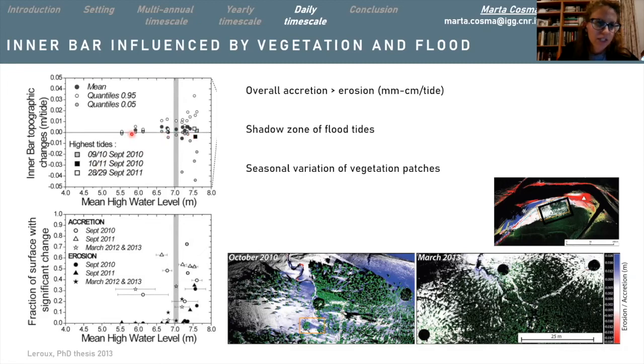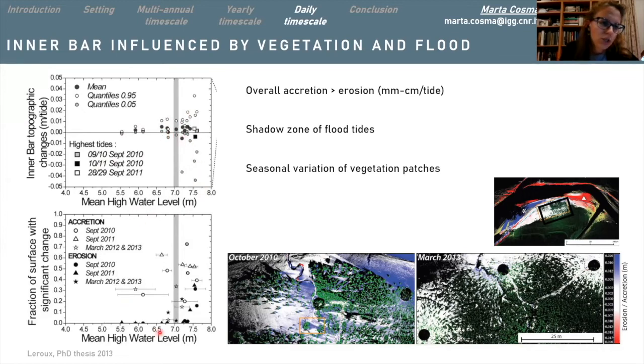You can see here the mean in the inner bar is usually positive, so there is accretion. And there is a really huge increase in the maximum accretion and in the erosion with the high water level. The accretion shows a quite linear increase, whereas the erosion is quite stochastic.